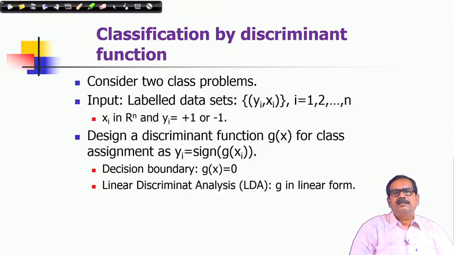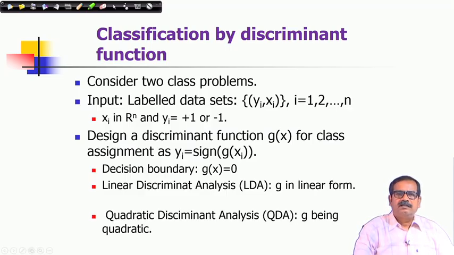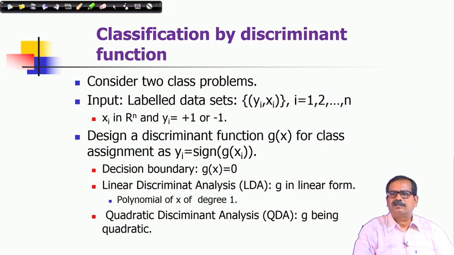We call this analysis linear discriminant analysis when the function g is in linear form, and quadratic discriminant analysis when g is quadratic. The meaning of g being in linear form is that it is a polynomial of x of degree 1.